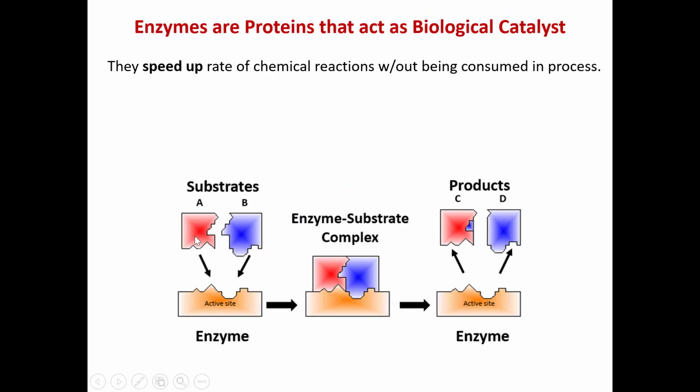Now, these substrates A and B are going to be combined or joined together by this enzyme, and the enzyme actually has an active site where there are some specific amino acids that are responsible for the activity of that enzyme, and that active site is where the catalysis occurs.